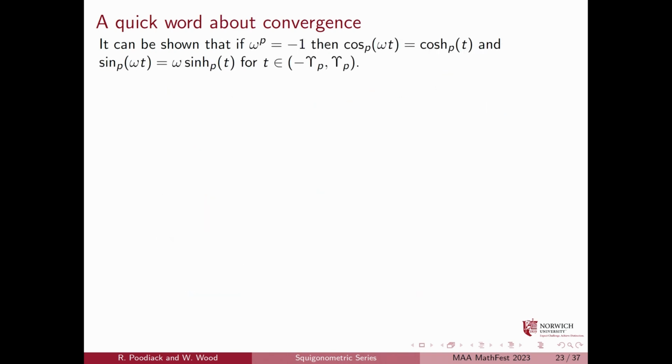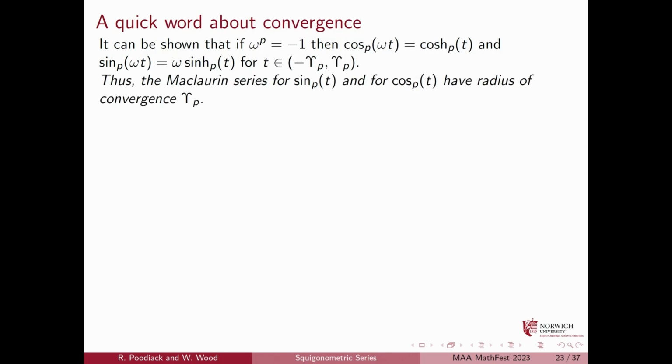And the other relationship to look at is that if we have a number omega that's a pth root of negative 1, then cosine sub p of omega t is equal to cosh sub p of t, and sine sub p of omega t is equal to omega times sinh sub p of t for all t between plus and minus epsilon sub p.